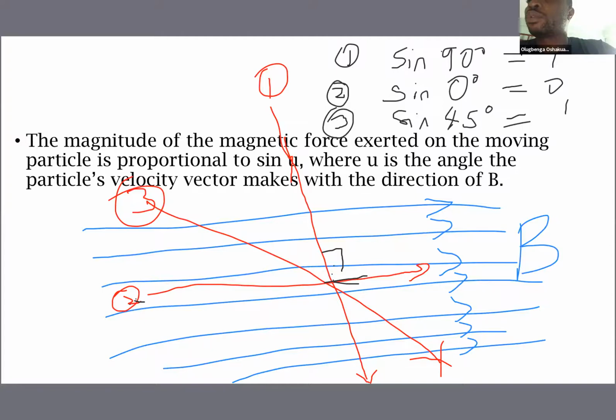So you can see that as the angle between the direction of motion of the charged particle and the magnetic field tends towards 90 degrees, the charged particle will experience the largest magnetic force.